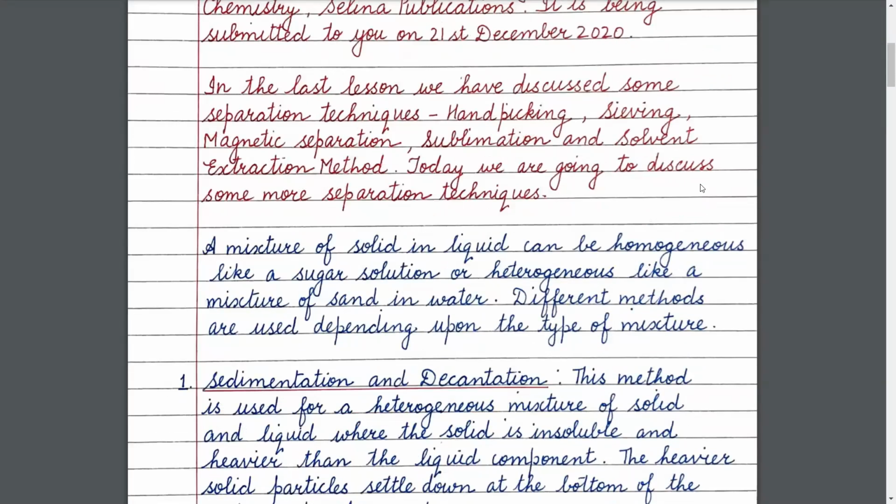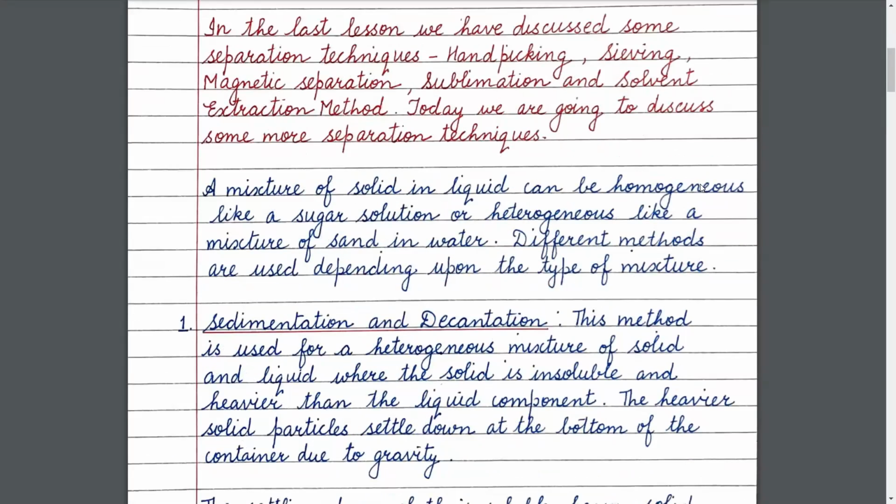A mixture of solid in liquid can be homogeneous, like a sugar solution, or heterogeneous, like a mixture of sand and water. Children, different methods are used depending upon the type of mixture.